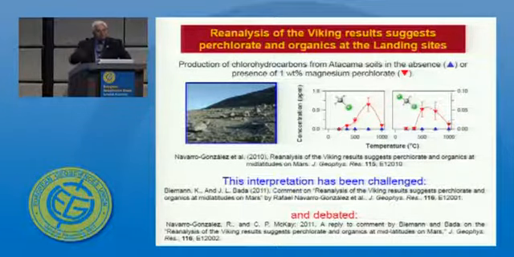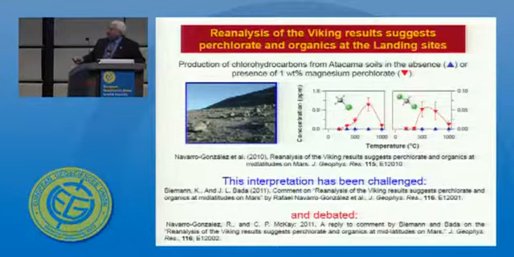So when I saw this, I went back to the discovery of these chlorohydrocarbons in the Viking results. And we reinterpreted the data, suggesting that Viking indeed detected perchlorates and possibly organics at mid latitudes. This has now been disputed by Beeman and Bada.